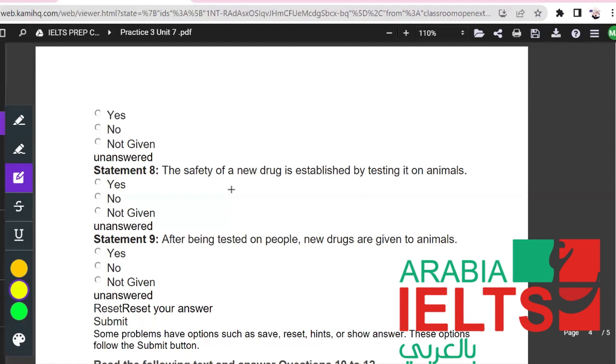No, it should be the opposite. We always test on animals, and after that approve. Correct. After approving, we can give it to people. Exactly. So based on your understanding of this opinion, it is a no, disagreement with the writer. It's basically the opposite.